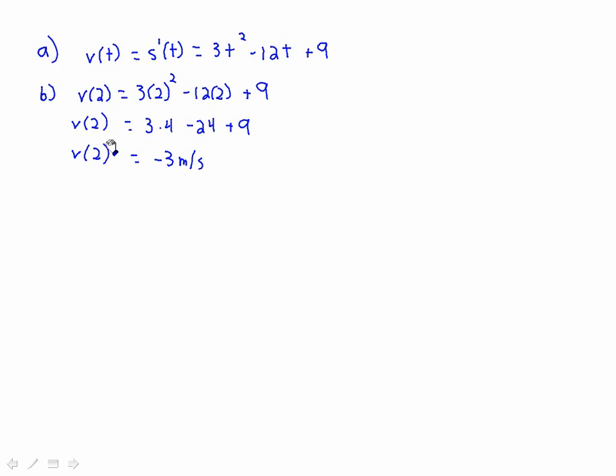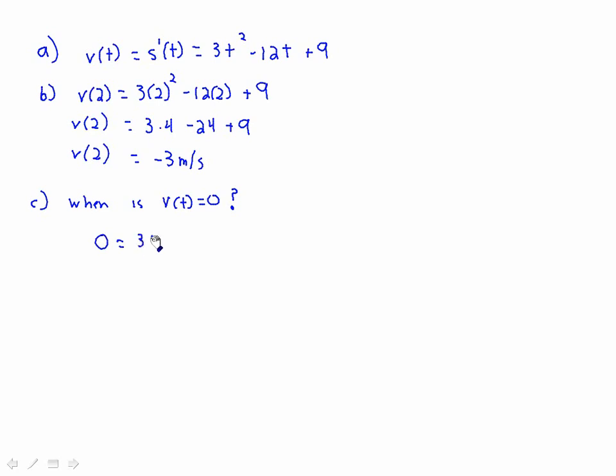Question C is, when is the object at rest? So really this is, when is v at t equal to 0? So we set the velocity function to 0 because when it's at rest, even if it's just momentarily, that's when its velocity will be equal to 0. It goes from going in the positive direction to the negative direction, or whichever.